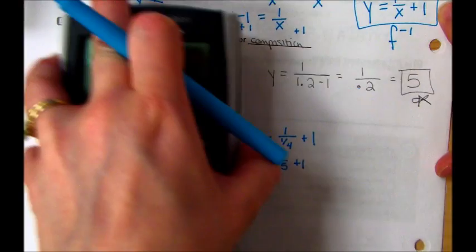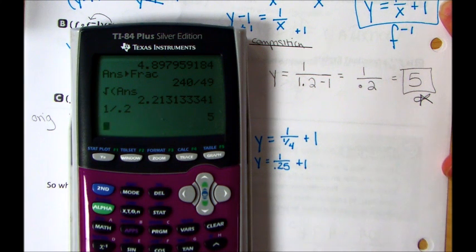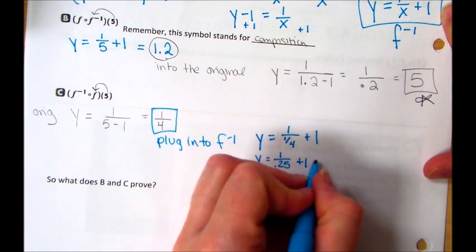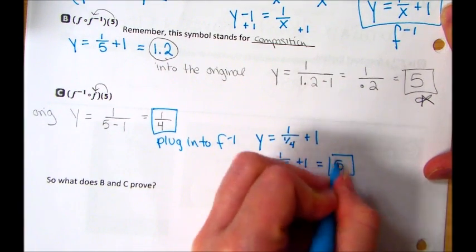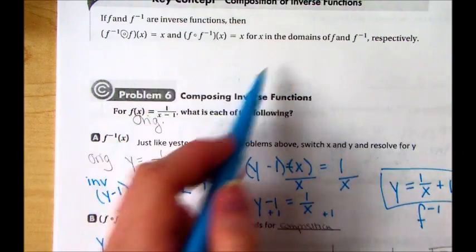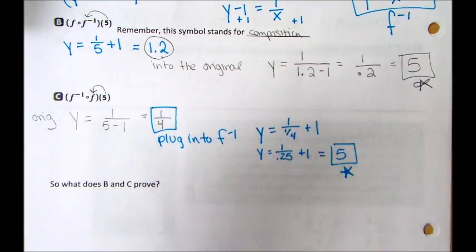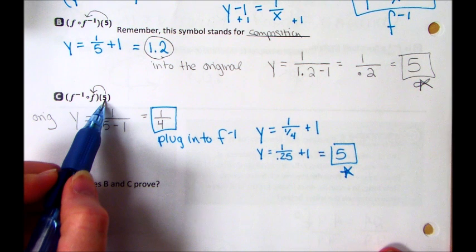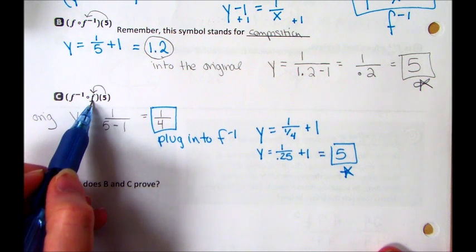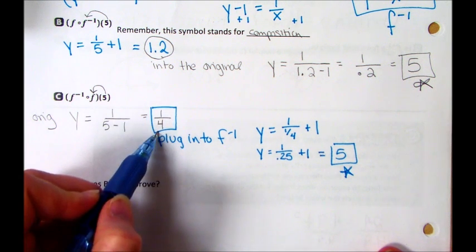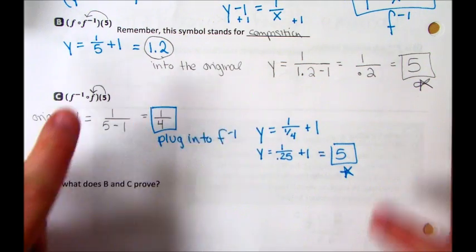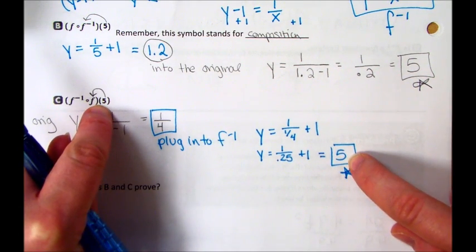And you can know that that just ends up being 4 plus 1, or if you don't know that, you just type it in, and you will get 5. So again, the emphasis of what they're trying to prove up here is this. If you take a number and you plug it in to the original and then take that answer and plug it into the inverse, you will get the original number you plugged in.